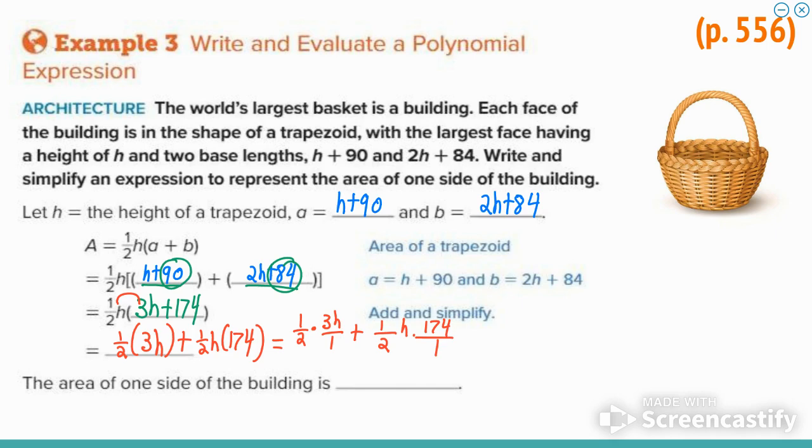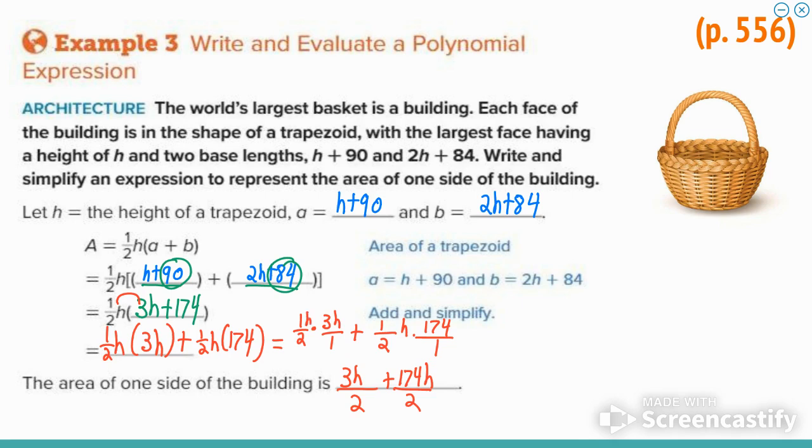So now we have 1 times 3h, that's 3h, over 2, plus, well, 1 times h is 1h, times 174, we could say that's 174h, over 2 times 1, which is 2. So we can't exactly simplify 3h over 2. And real quick, I made a mistake. I forgot that this was 1/2 h times 3h.